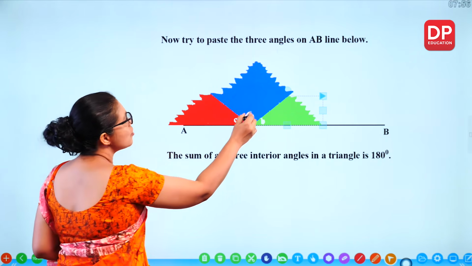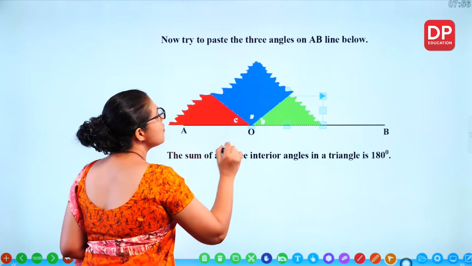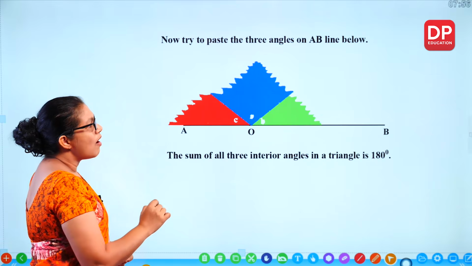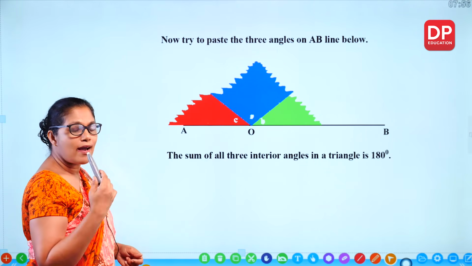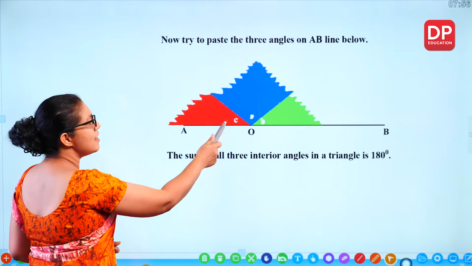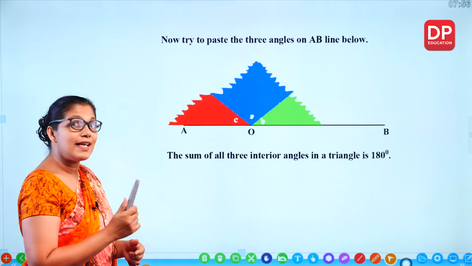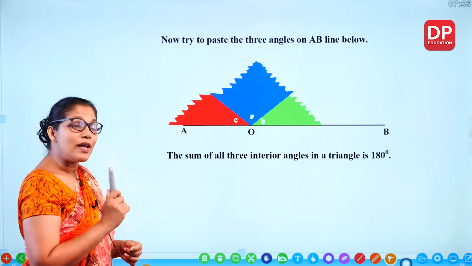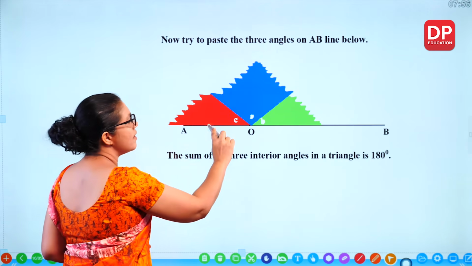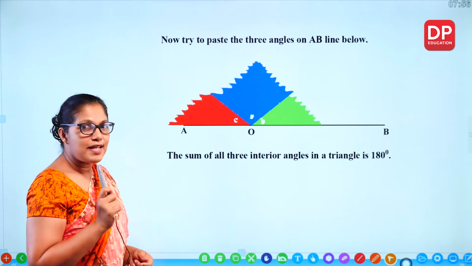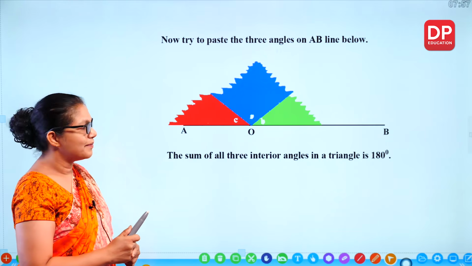You can draw any triangle, obtuse angle triangle, right angle triangle or acute angle triangle, and check whether the sum is 180. In all cases, you will get the sum of interior angles adding up to 180.